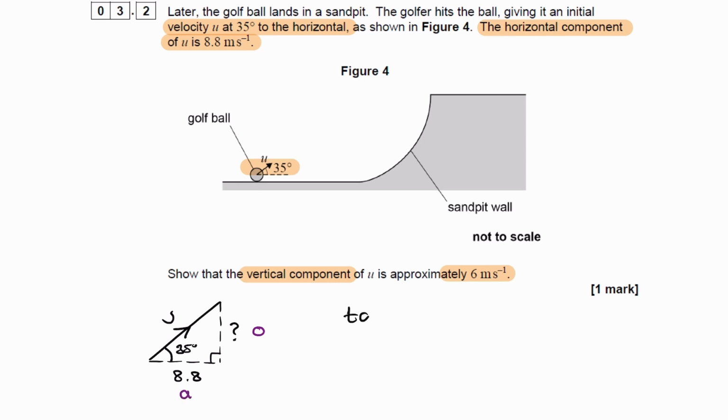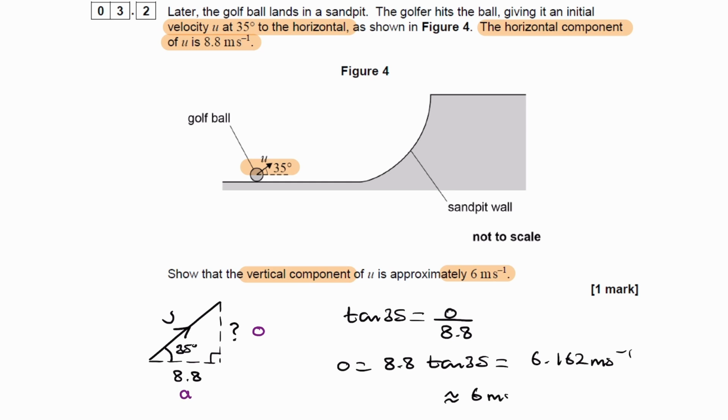Tan of 35 is equal to opposite over adjacent, rearrange, so it'll be 8.8 tan 35, which will be 6.162 meters per second, and that's approximately 6.